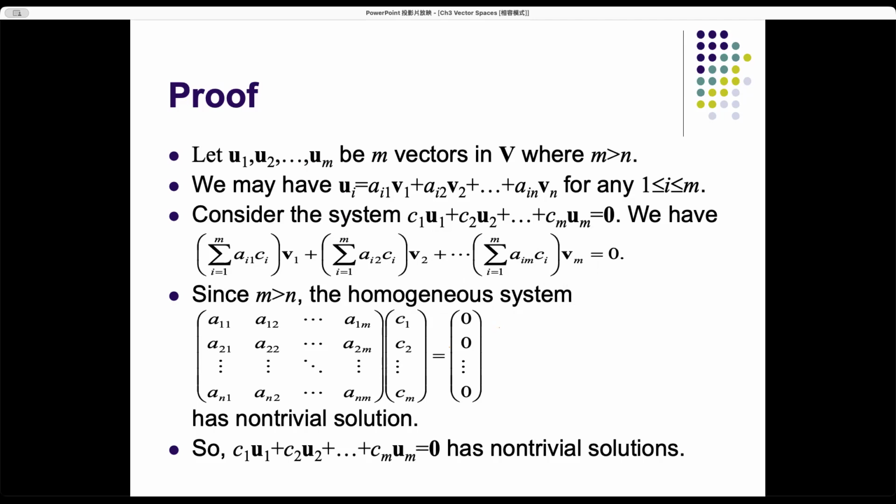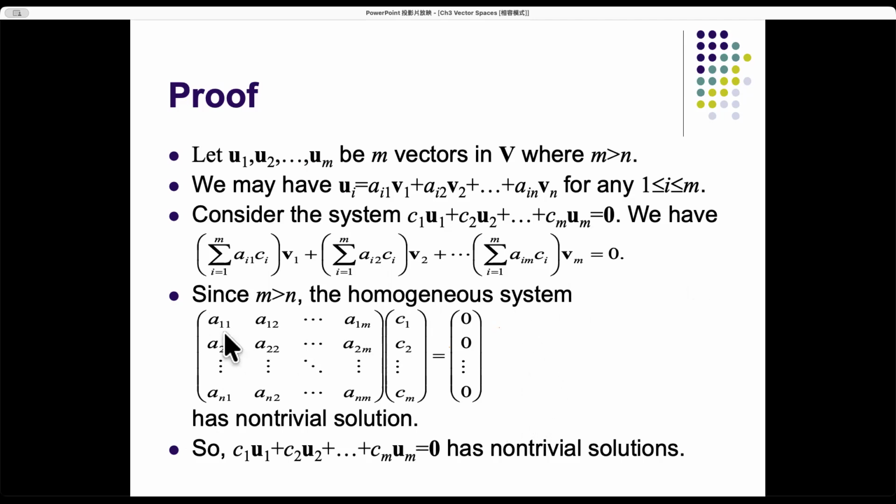If we write it in the form of a matrix, this would be Ai1 Ci summation, Ai2 Ci summation, and so on. So this formula is equivalent to this matrix multiplication.